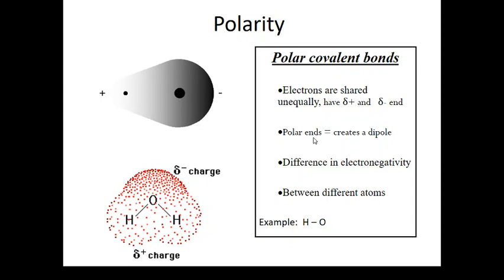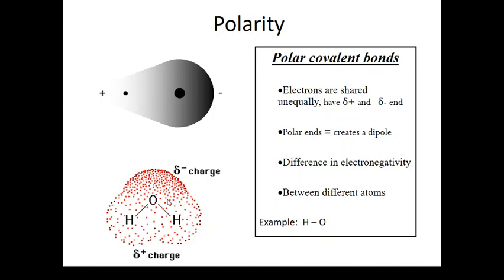What they create is what we call polar ends, which creates a dipole, or a movement of our electrons. By subtracting the two electronegativity values found on table S, we can determine how polar a bond actually is. The larger the difference in electronegativity, the more polar that bond can be.